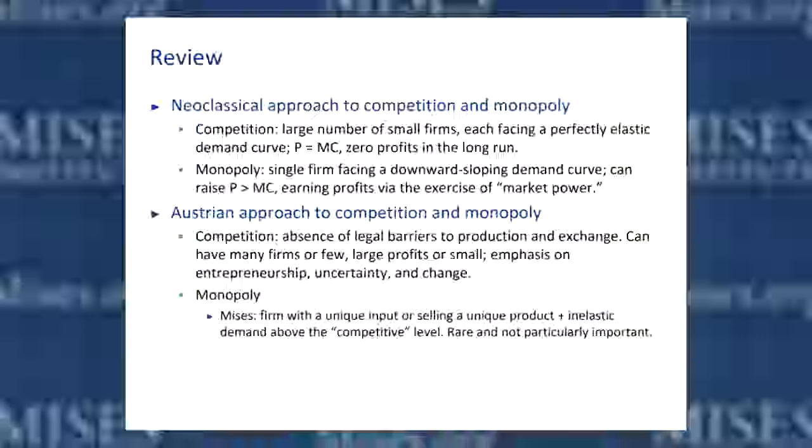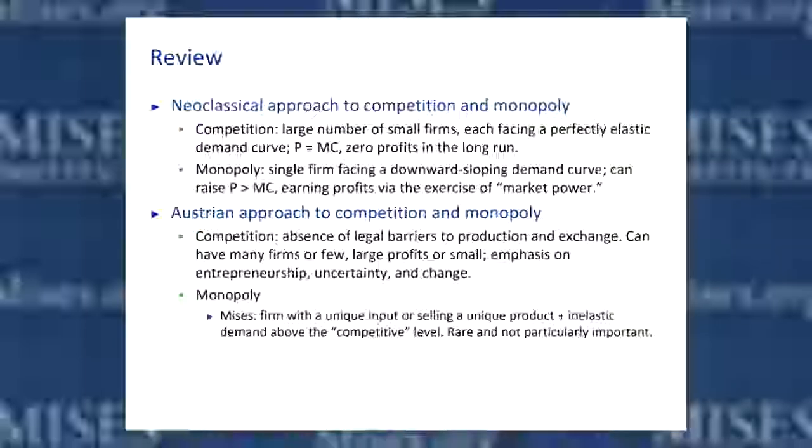Monopoly, by contrast, for the Austrians, is a situation where you have some artificial restriction on entry. You have something that limits the ability of entrepreneurs to enter and compete in that market. Now, for Mises, that situation existed in the very rare and unusual case where a firm has some unique input that is required to produce a good or service.